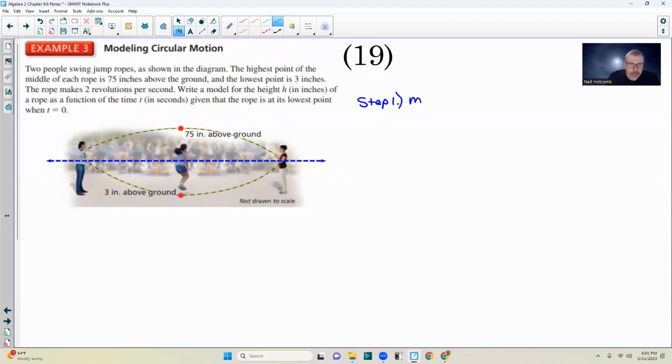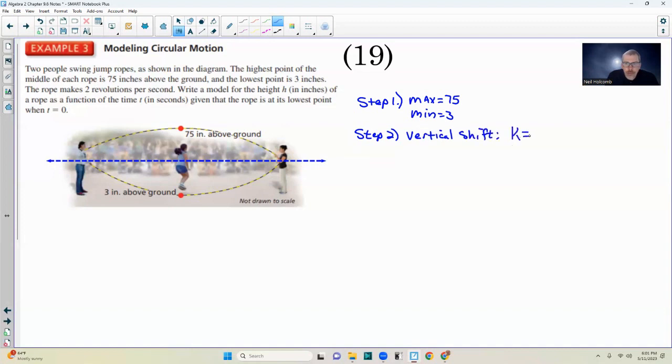So the maximum equals 75 inches and the minimum equals 3 inches. Okay, so that's the maximum and the minimum. Step 2: identify the vertical shift.